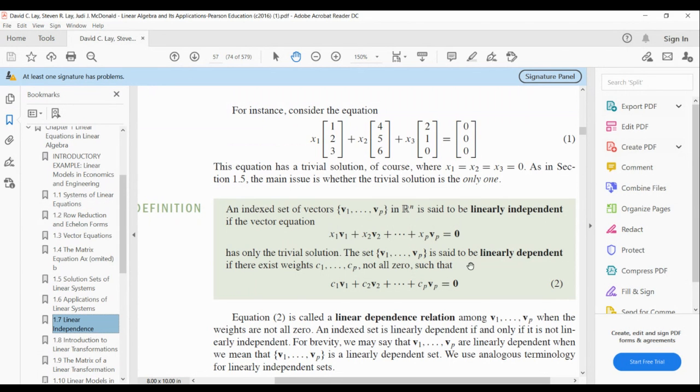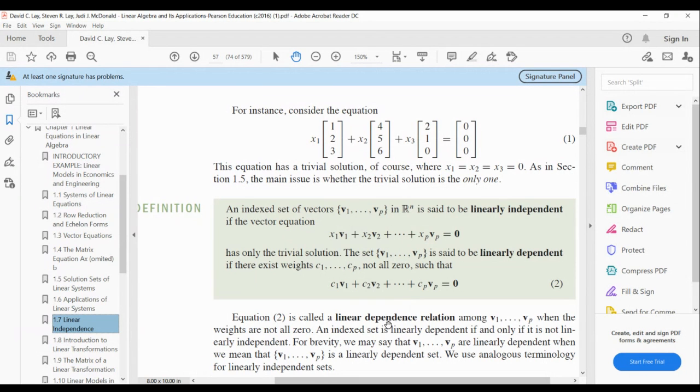On the other hand, the vectors will be linearly dependent if the weights, and they call them weights, c1, c2, up to cp, but they could just as well call them x1, x2 up to xp, give a non-trivial solution. Then you have a linearly dependent set, and then you have a linear dependence relationship.